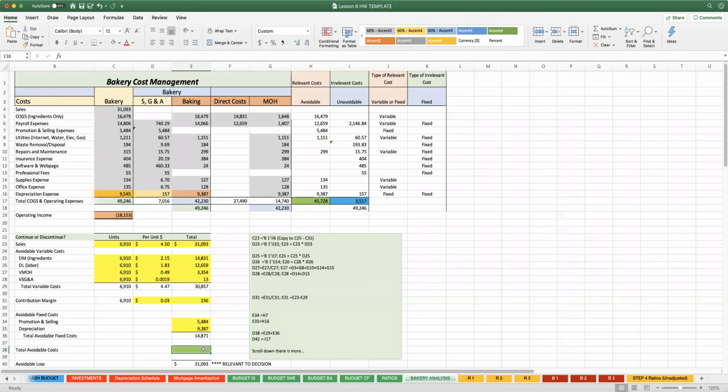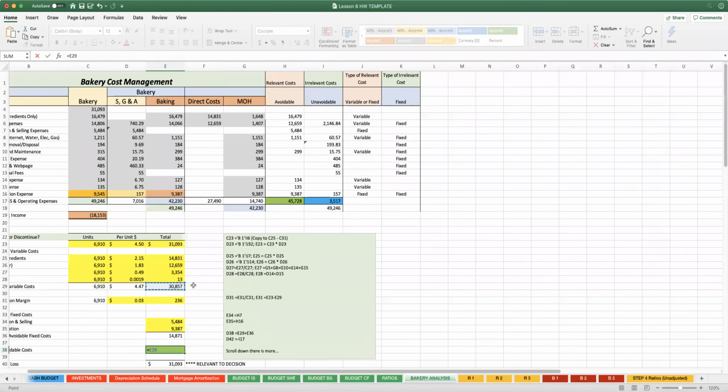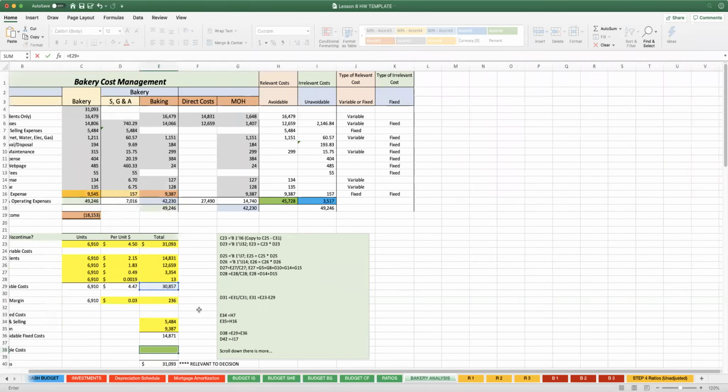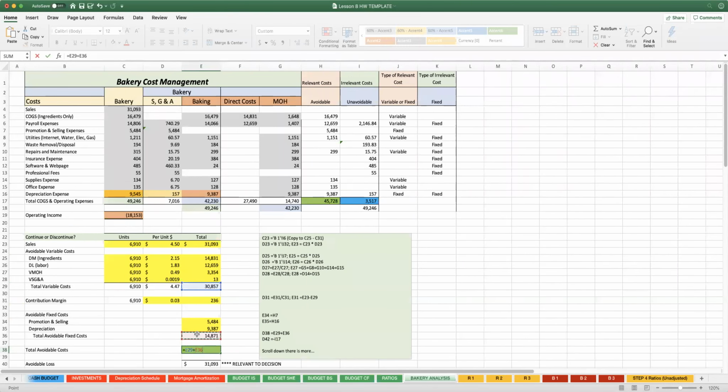And then here, what you're looking to do is say, okay, these are avoidable and these are avoidable. So the variable costs are definitely 100% always avoidable. And you've got some avoidable fixed costs. So 2 of them. All right, and that number does dovetail with this. So you know you nailed it.